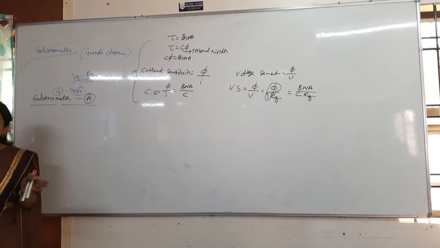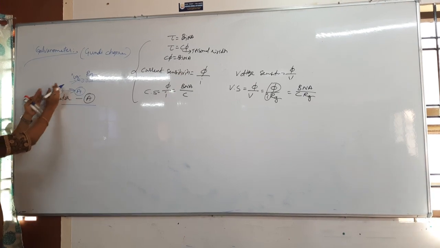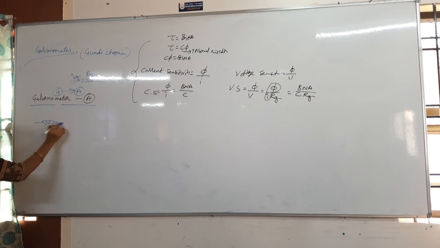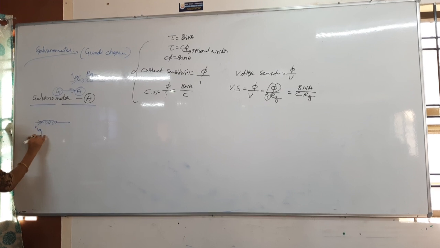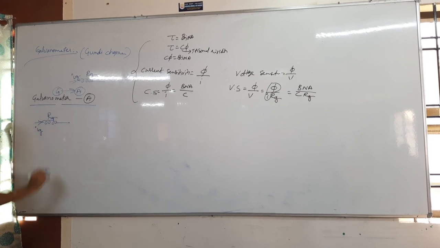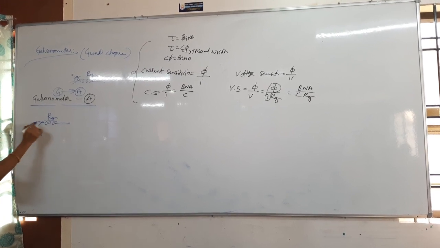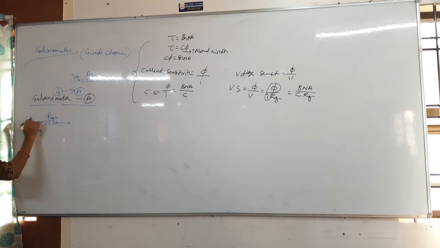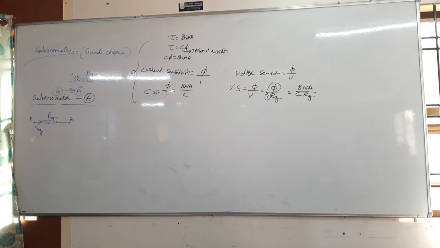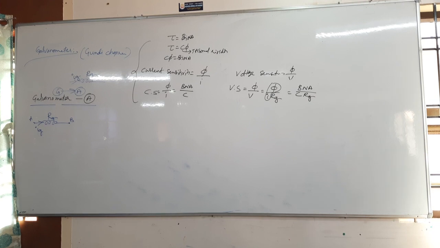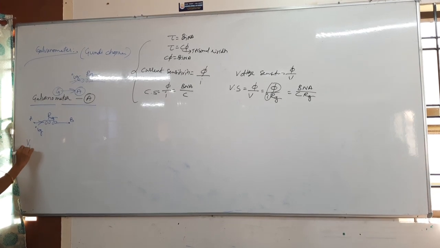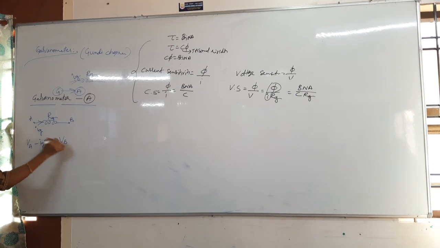First of all, I have taken the galvanometer only. In that galvanometer coil, how much is the current flow? Ig, and the resistance is Rg. Now let me take 2 points here, A and B. What is the potential difference between A and B? VA minus Ig Rg is equal to VB.